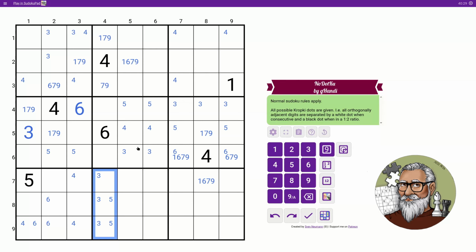Still doable. That's still doable. That's still doable.